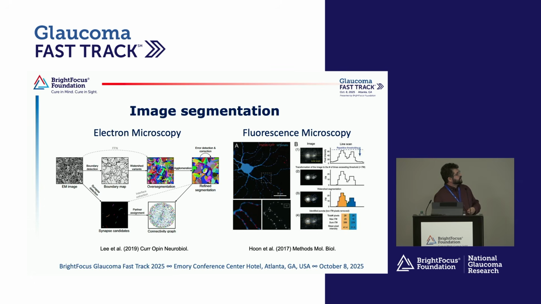If you look at fluorescence microscopy, this is an example of a transfected retinal ganglion cell that is also transfected with a second plasmid that expresses PSD95, a postsynaptic protein for excitatory synapses, labeled with a fluorescent protein. And this allows you to have individual highlights of where the postsynaptic sites of a given excitatory synapse are, and we can use image segmentation algorithms to segment the shape of the neuron.